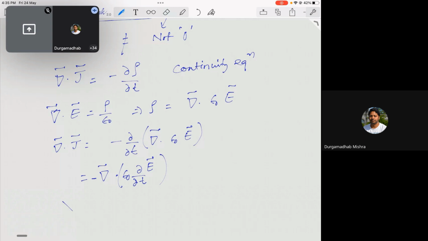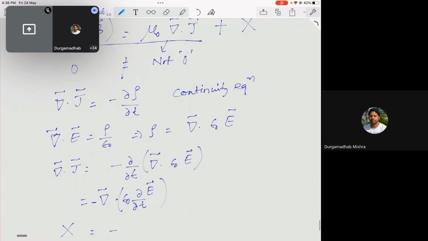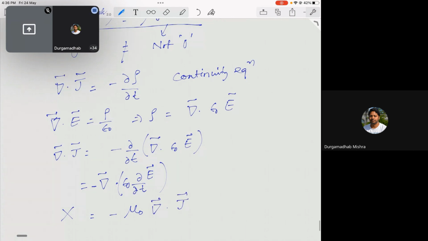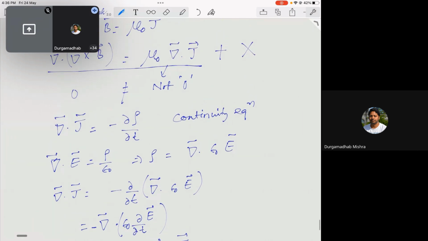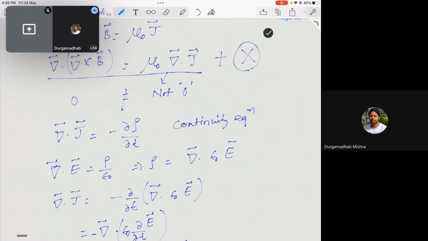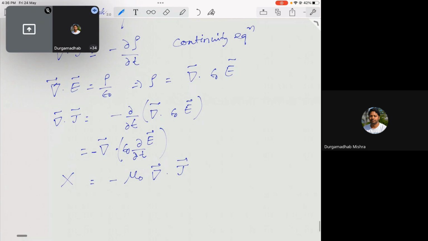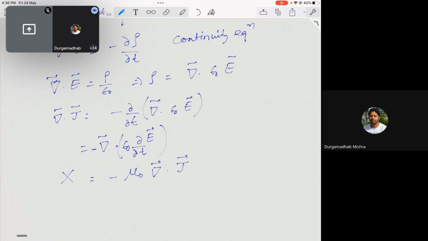So x should be of the form minus mu naught del dot J. If I add x here, this will be 0. And now what you see here is that we have a similar expression we can get from this.